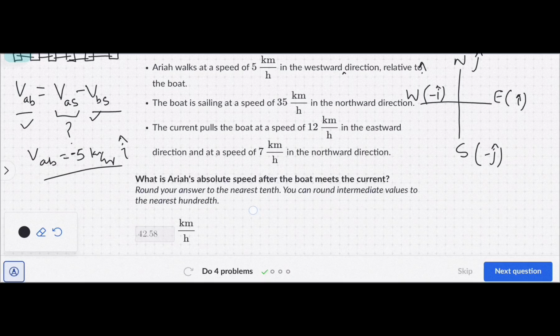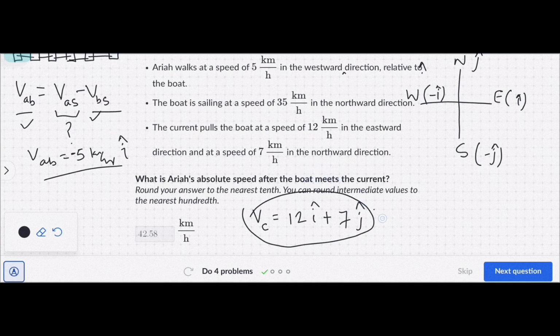What is the velocity of current here? Current is 12 km per hour in eastward direction, I mean this 12 i cap plus 7 j cap. This is the velocity of current.